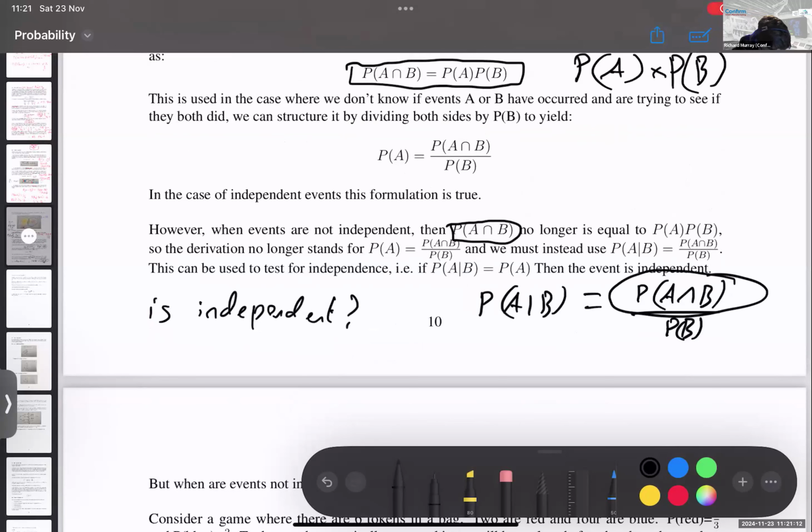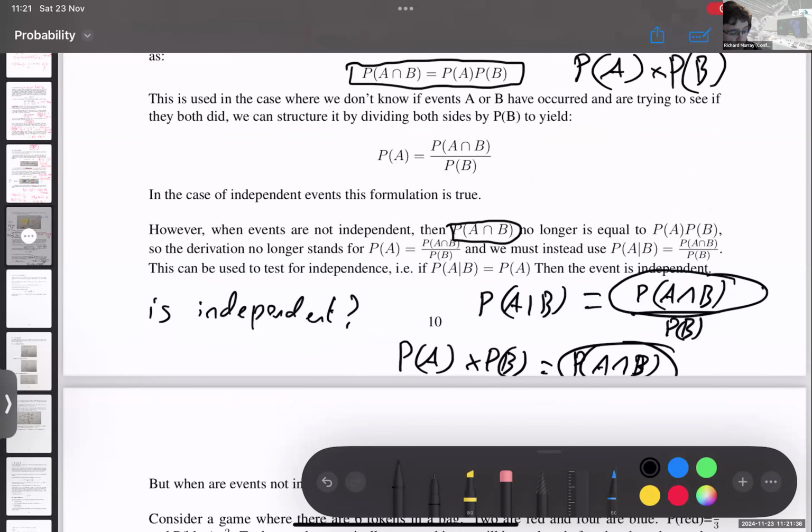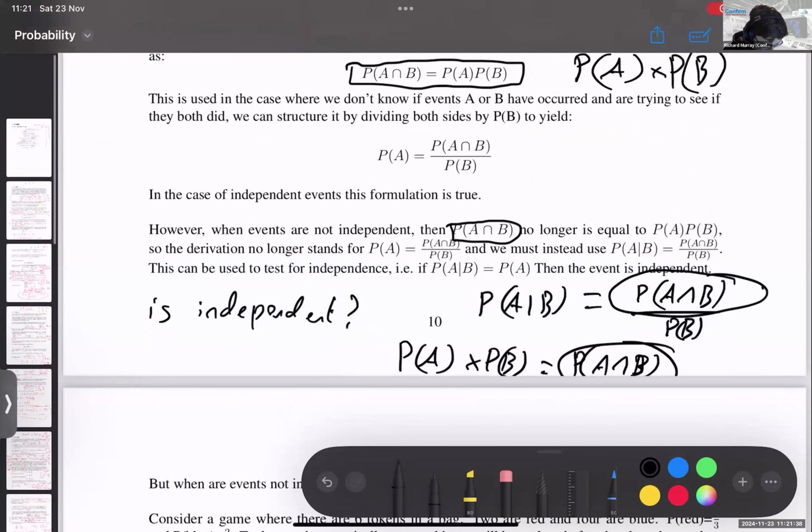And then we will also use P(A) times P(B) is equal to the intersection A, B. If this value and this value for the intersection aren't equal to each other, what that tells us is the event is not independent. Therefore, both of these formulas don't give us the same value out. This tends to be quite a confusing outcome.